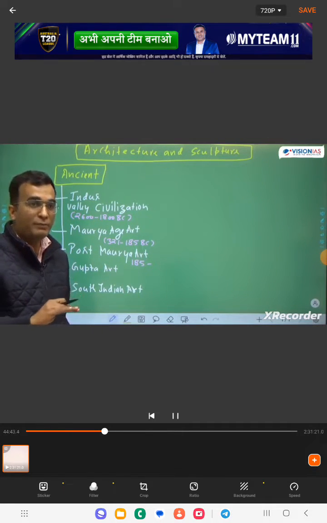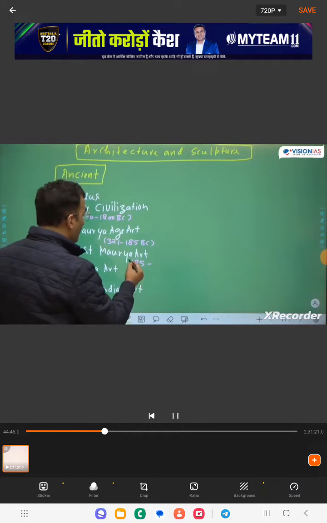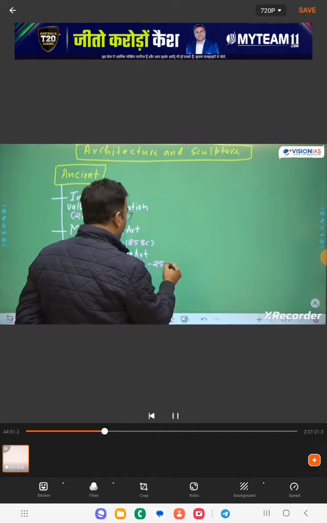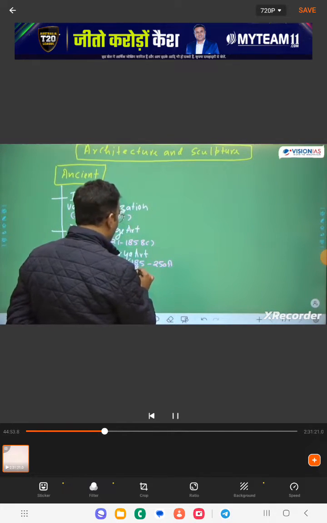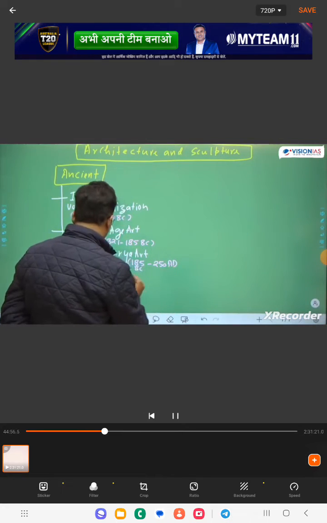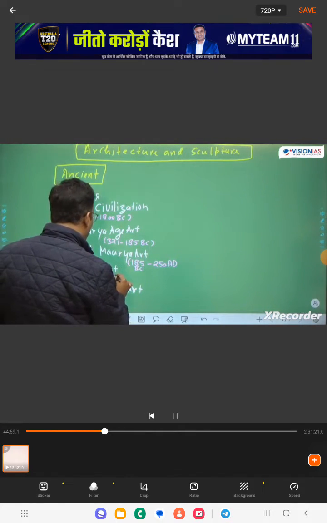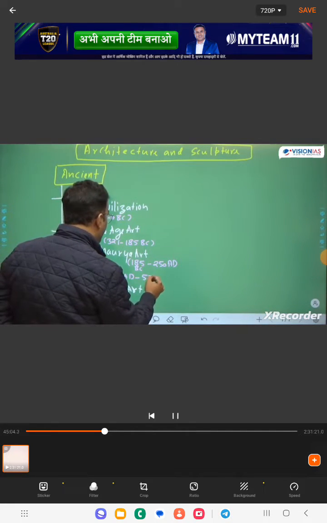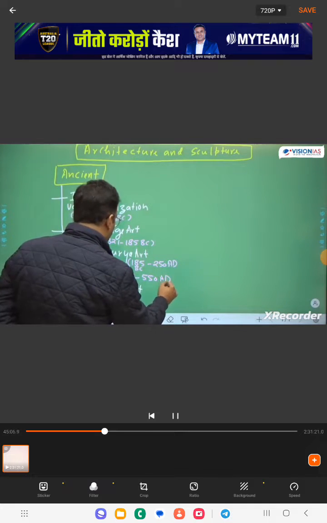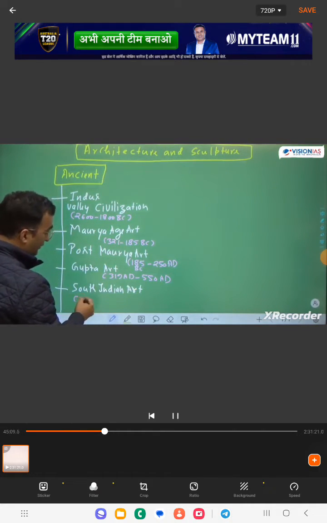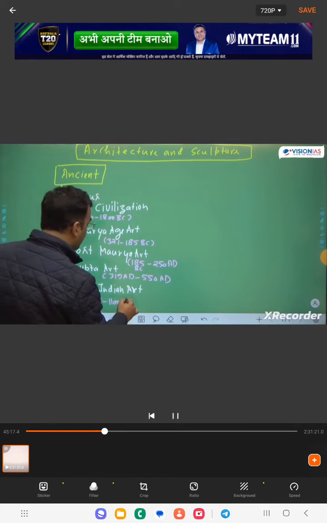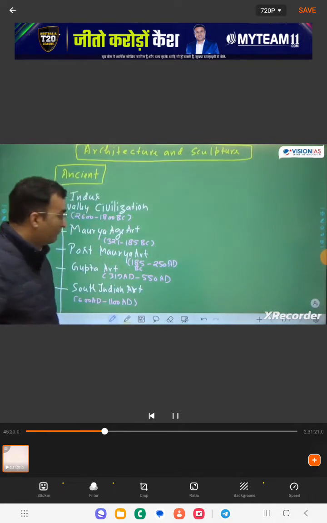These are approximate dates or ages, okay? So 185 BC till 250 AD. Gupta art, we can start with 319 AD till 550 AD, and then South Indian art, we are going to see from the 600s AD till 1100 AD. So this is the rough period.